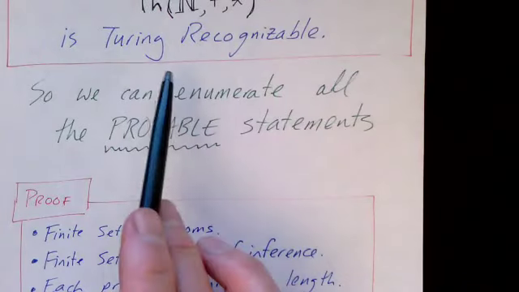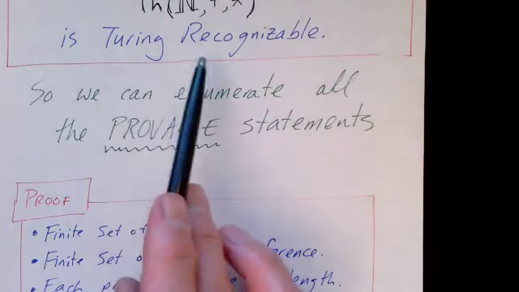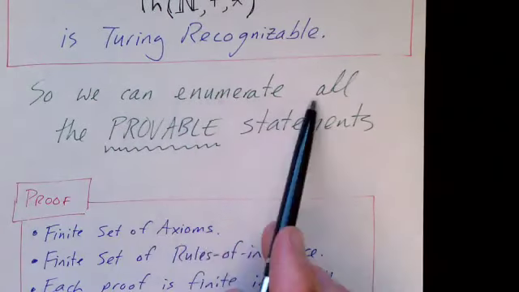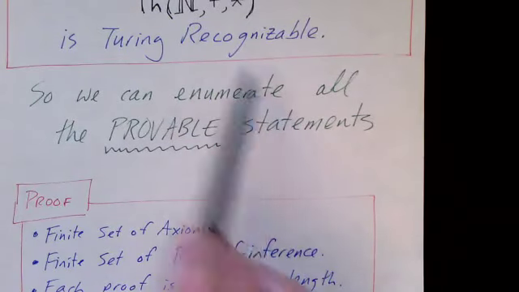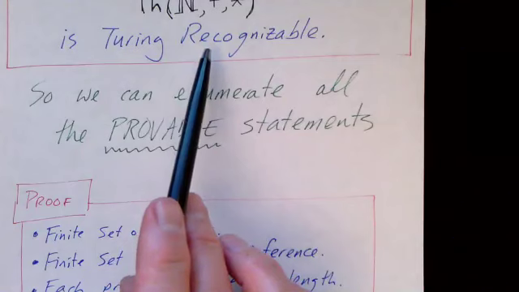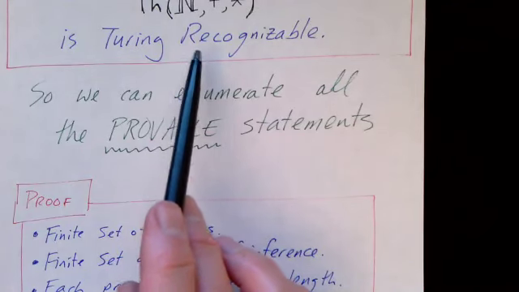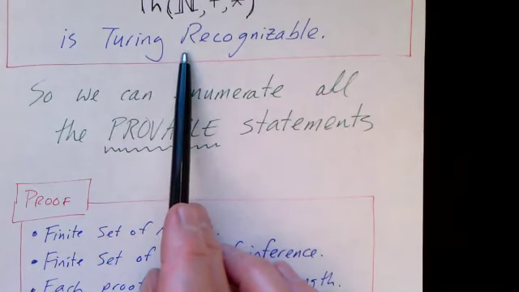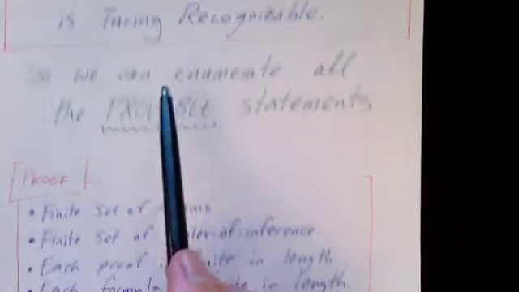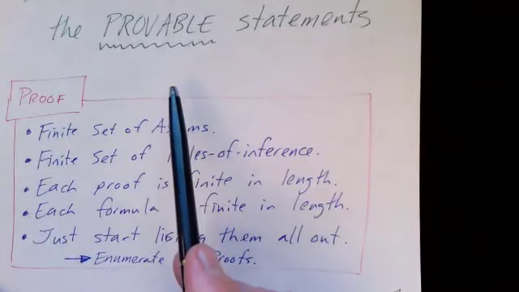And since we can enumerate it, that makes it Turing recognizable. So if some statement is provable, we can eventually find out that it is provable by discovering the proof for it. We just enumerate all possible proofs.